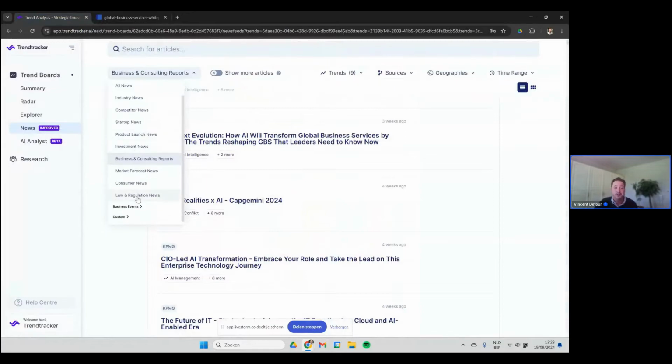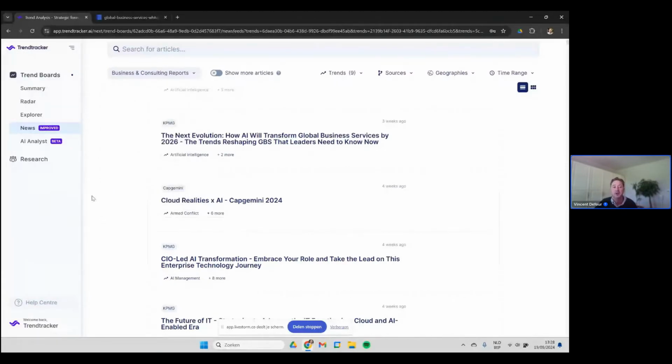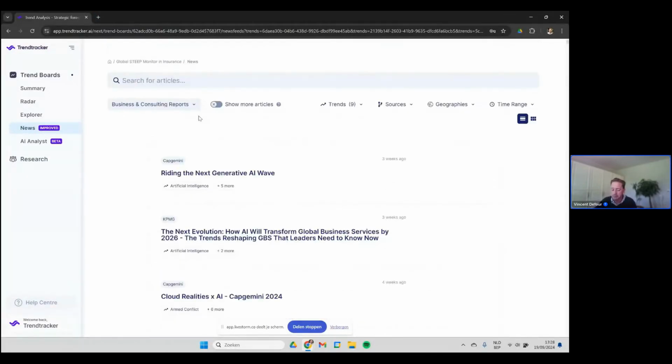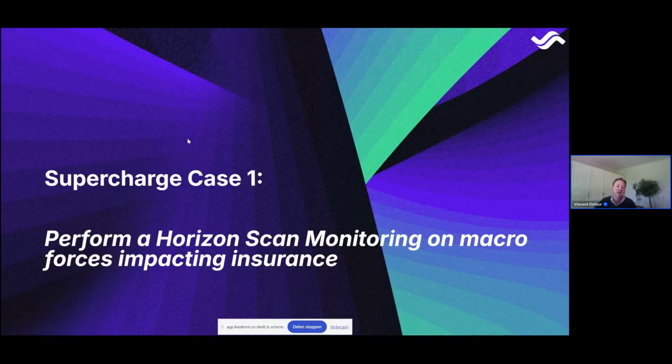Again, also regulation news, market forecast data, investment news. That's all the kind of relevant manifestations that you can find to really fuel your analysis. And this is then basically the first use case, and how you can then typically report that onto slides if you would go to your VP strategy, using the same narrative.